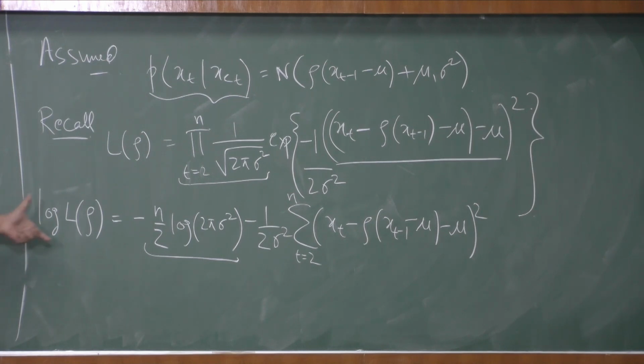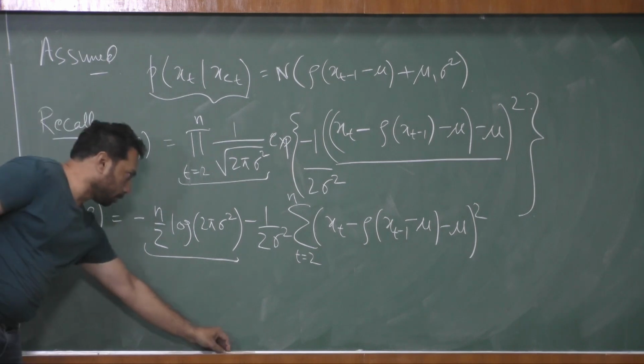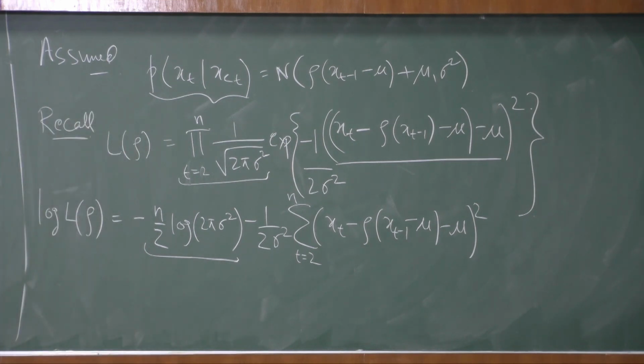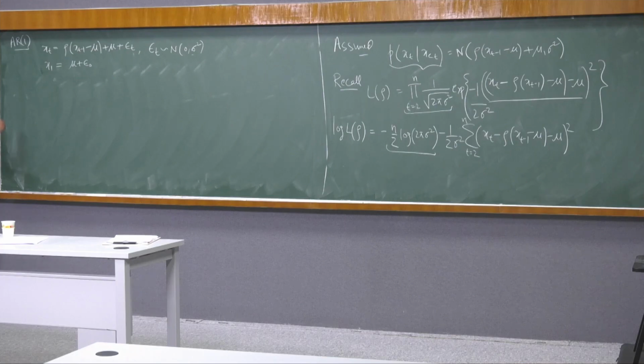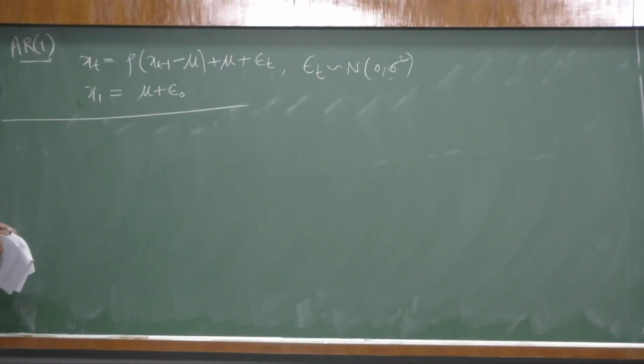Now to maximize this, I will take the derivative of this log likelihood and equate to 0, and if I do that, then from there I will get an optimal value of rho. So let us do that. If we take the derivative with respect to rho and equate it to 0, then we will get the following.